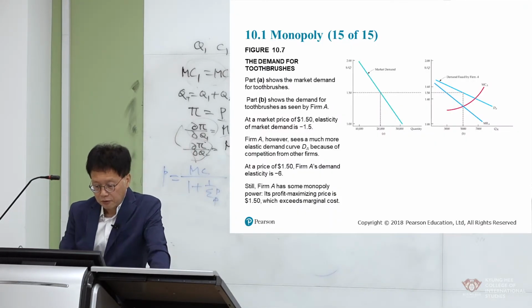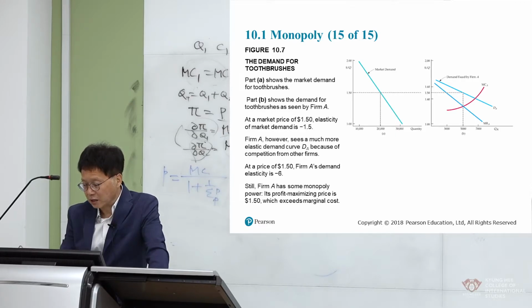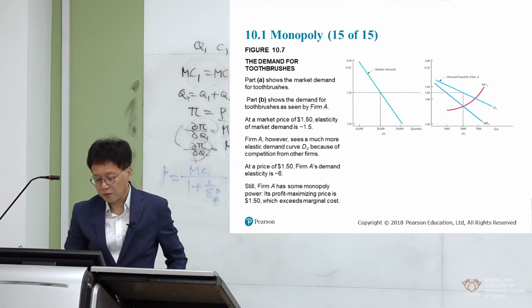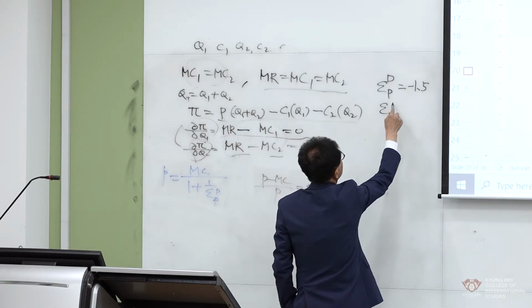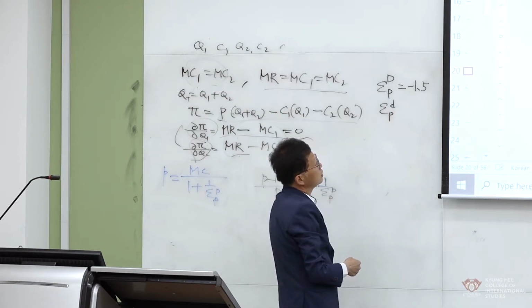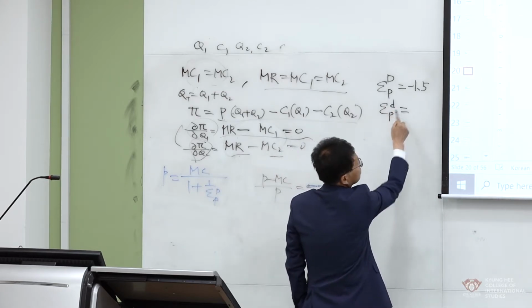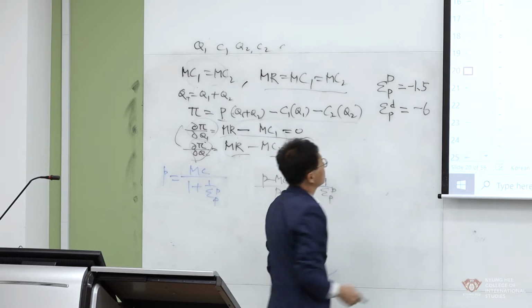Okay? Firm A, however, sees a much more elastic demand curve, DA, in panel B. DA is this one, right? More elastic than this. So Firm A's price elasticity of demand is equal to minus 6, right?